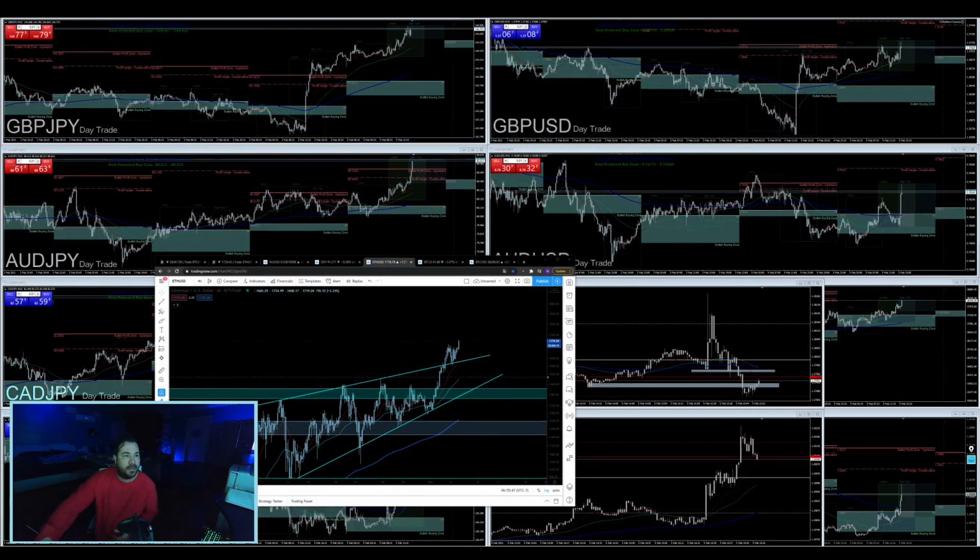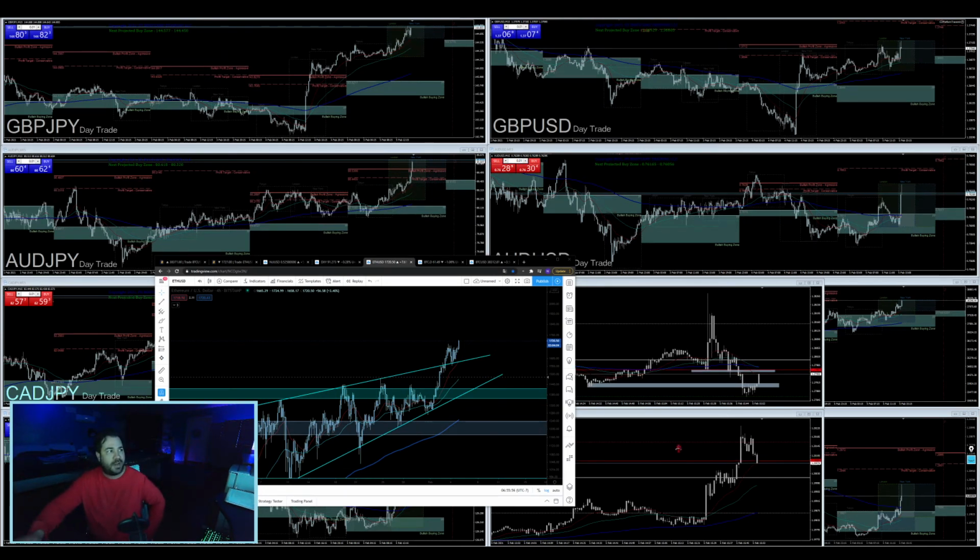It looks like the CAD's trying to break back above its resistance zone. Still has that cap of the other resistance, the secondary resistance. Let's see what happens right here.